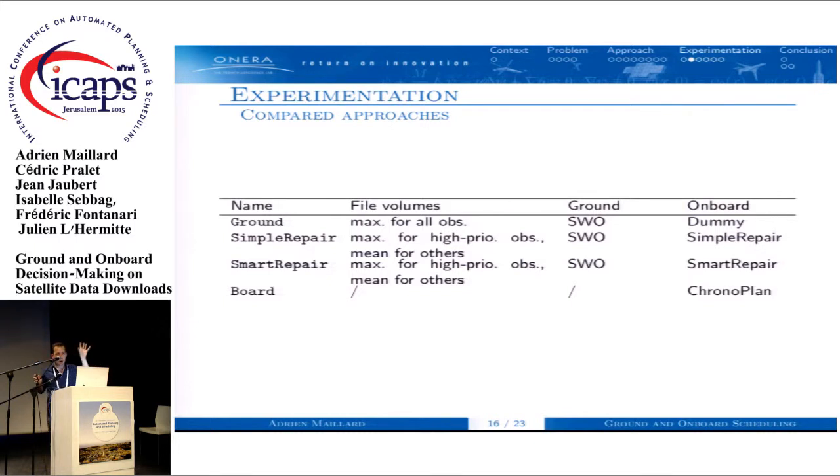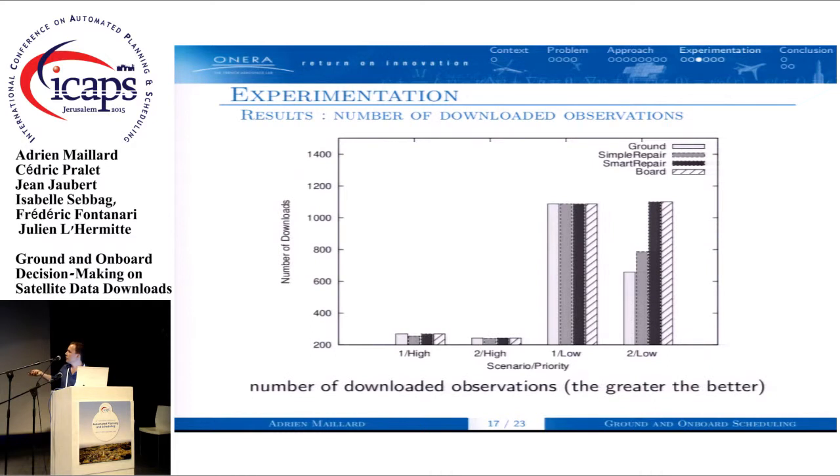It's just on board. So what we can see here is the number of downloaded observations. We take a look at the low priority observations, and we can see some differences. Basically, the onboard approach is the best here, with the smart repair approach doing almost as well.